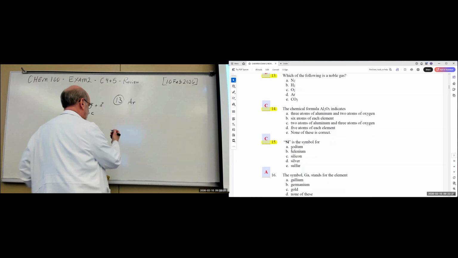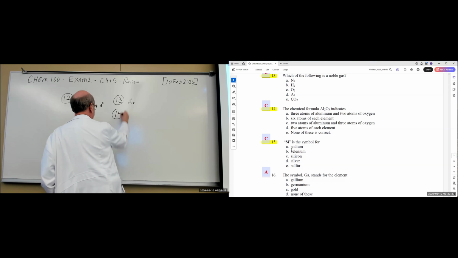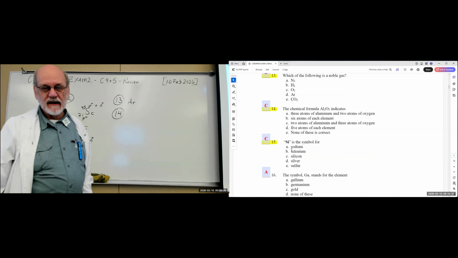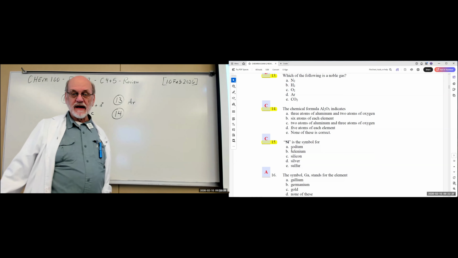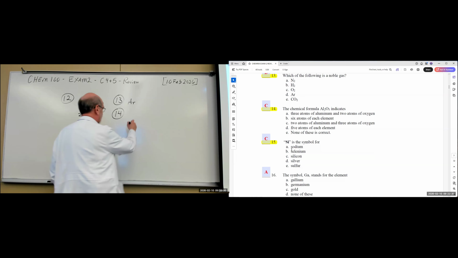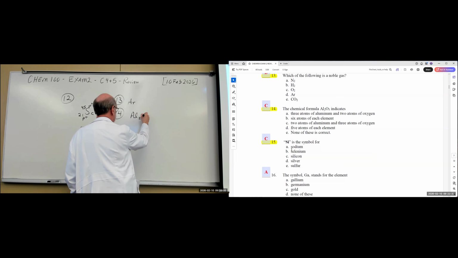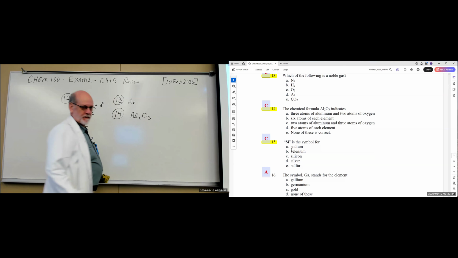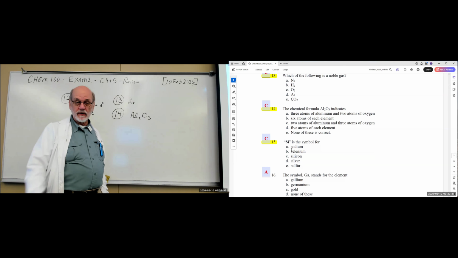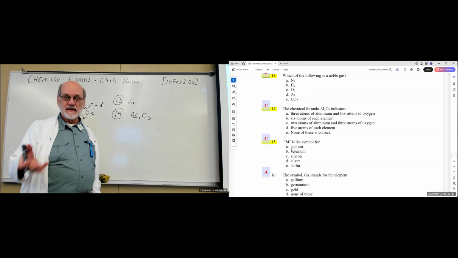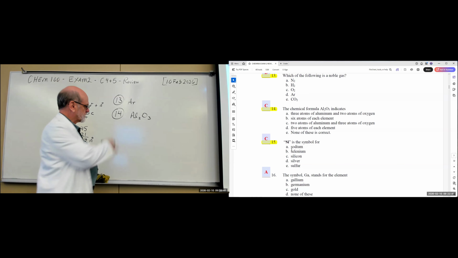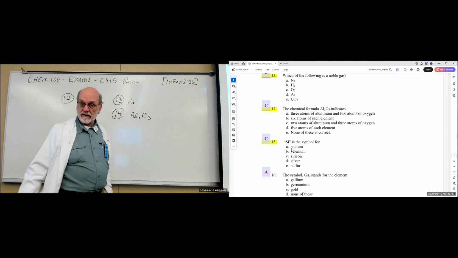Number 14. The chemical formula Al2O3. And we look at our choices to answer the question. But let's look at the formula. This is a compound.